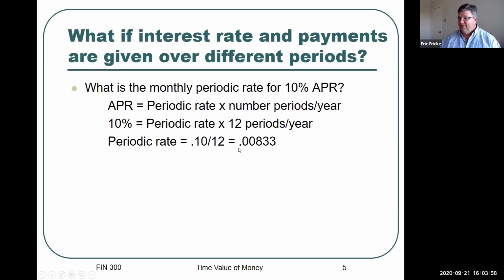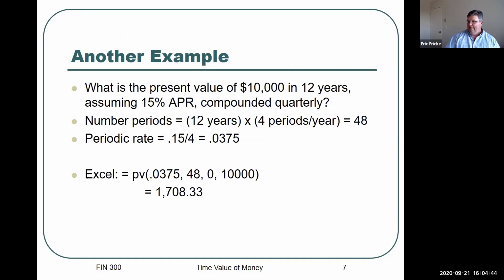So in that case, we just took the APR and divided by the number of periods per year. In that previous example, it was monthly, so it's 12 periods per year, 12 months in a year. So you're given the annual percentage rate divided by the number of periods per year, and that gives you your periodic interest rate. And I think that is it for the slides.